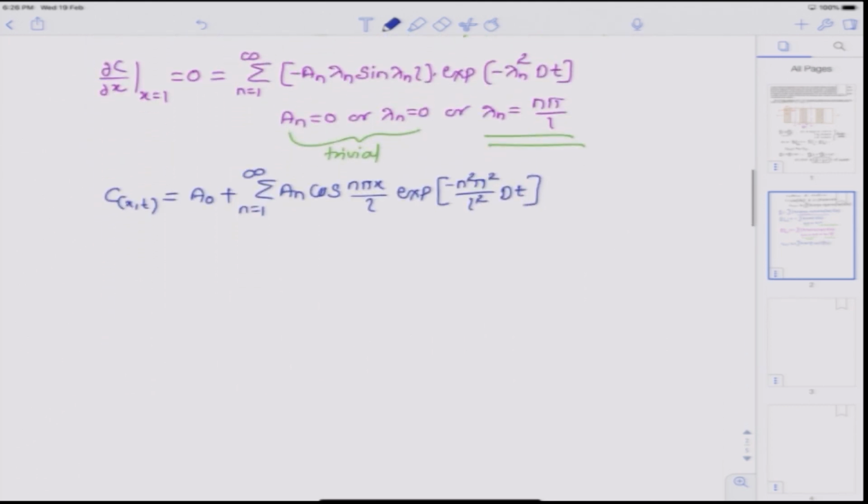So, now we need to find out the values of a 0 and a n.